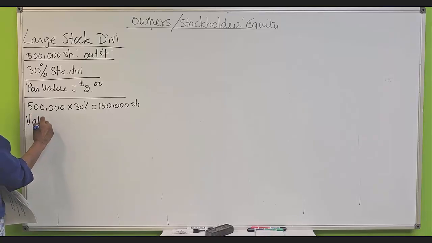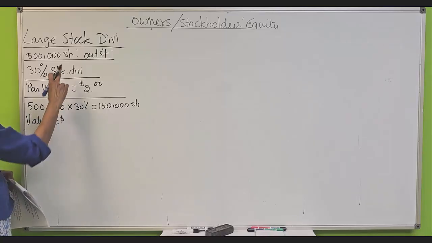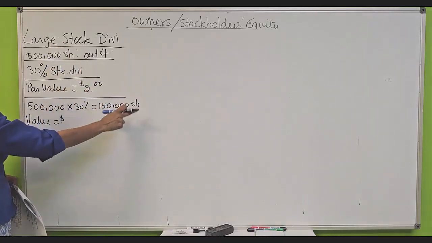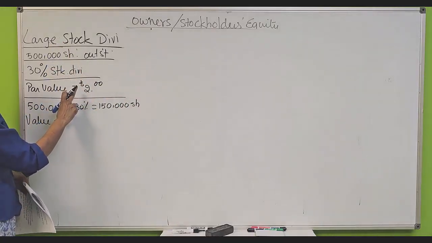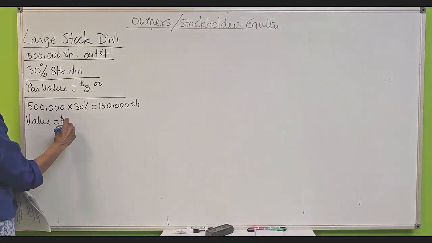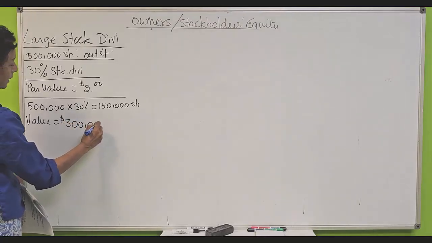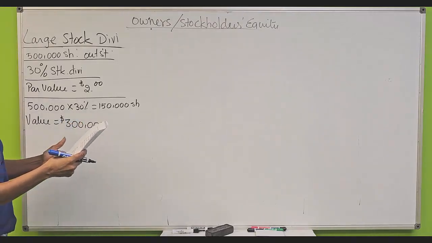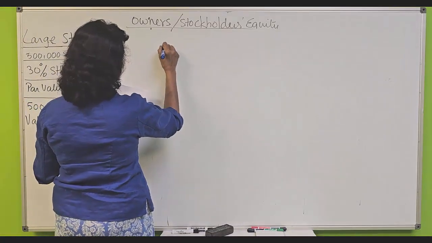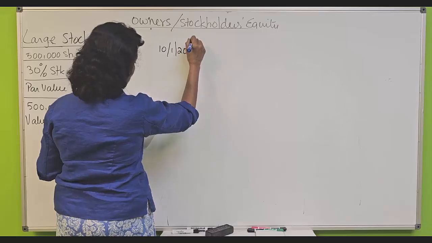Now the value of these dividend shares is based upon the par value. So total value is $2 times 150,000 shares, $300,000.